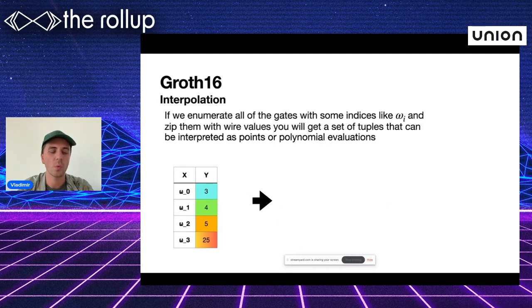Why would we do that? Why would we want to have such a vector? This is because we can transform these vectors of tuples into a polynomial. For example, if we interpret every tuple as a point, which is like a tuple of coordinates, we can create such a polynomial. This is called interpolation.